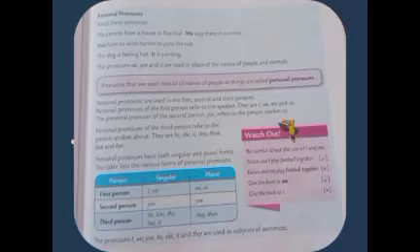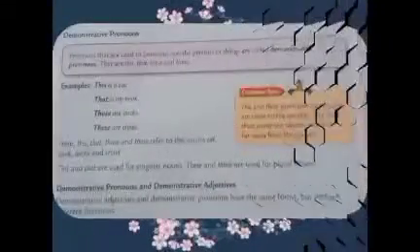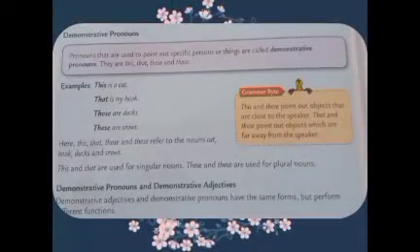Next, demonstrative pronouns. What are demonstrative pronouns? When we want to show something, the pronouns that are used to point out specific persons or things are demonstrative pronouns. They are this, that, these, those.